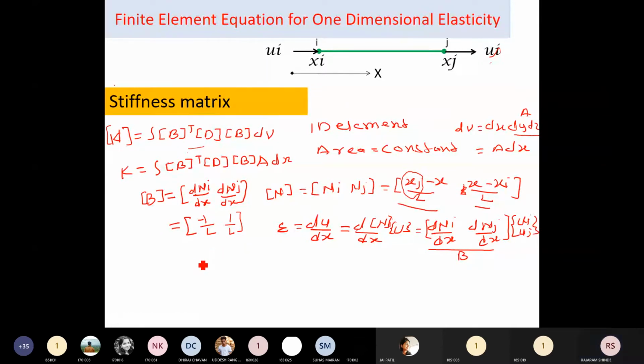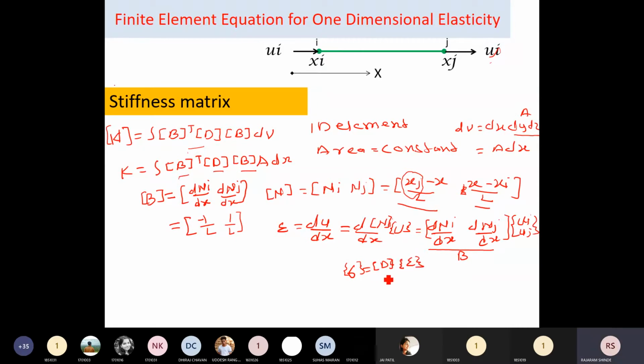Now we got the B matrix, means we can calculate B transpose B. The remaining term is the D matrix. Now for the one dimensional relation, D is a material property matrix, and this material property matrix is used to write the stress strain relation. Stress matrix is equal to D into strain matrix.